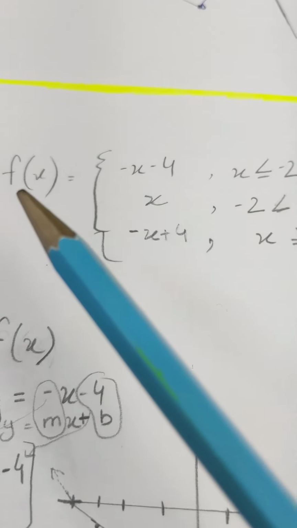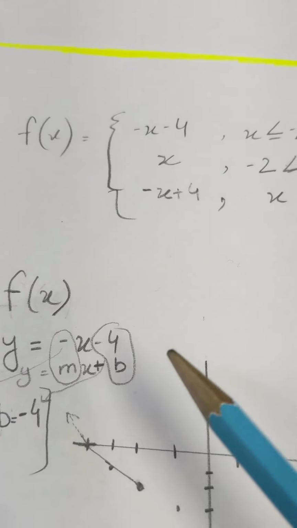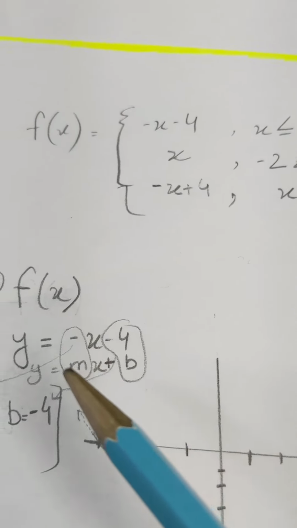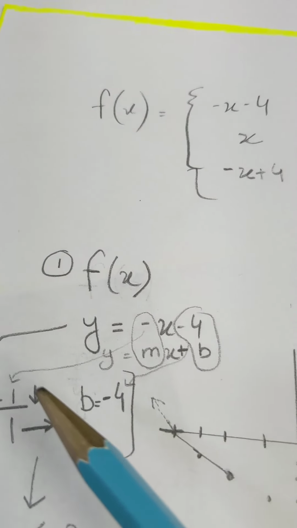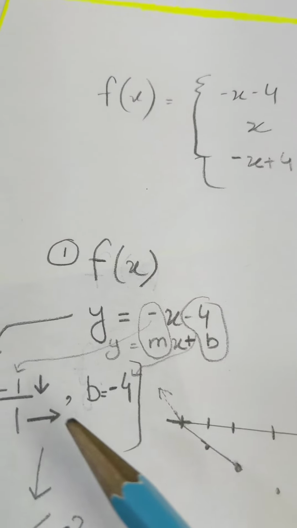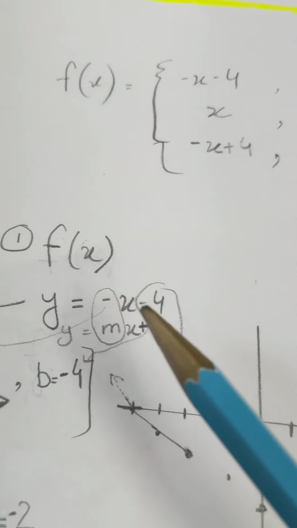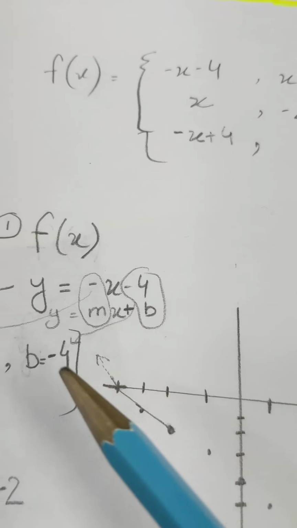So we use the first one, which is negative x minus 4. We know it's mx plus b, so m is equal to negative 1 over 1, which means we move down one place and we move forward one place. And for b, the y-intercept is negative 4.